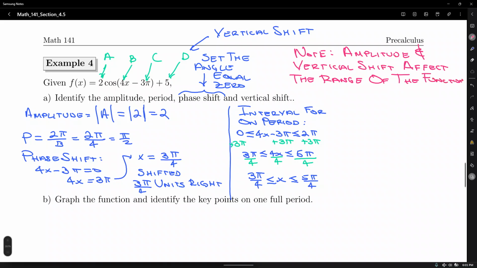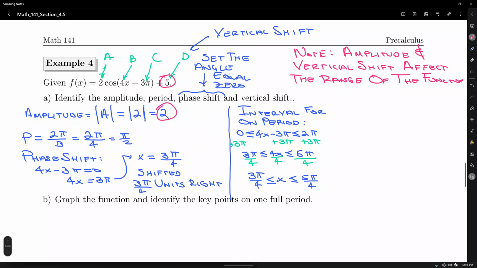So what are we going to do? Again, amplitude, which happens to be 2, and the vertical shift, which happens to be 5, will affect the range of the function.